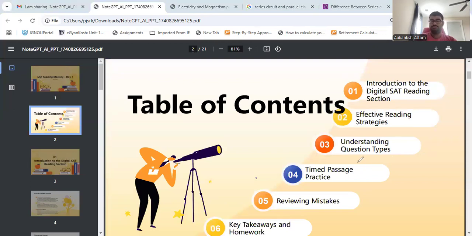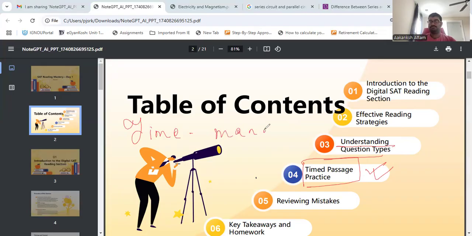Then we will explore the different types of questions you are going to encounter in the digital SAT reading section. Then we will understand how to effectively go through the passage, because when it comes to digital SAT, it's all about time management.